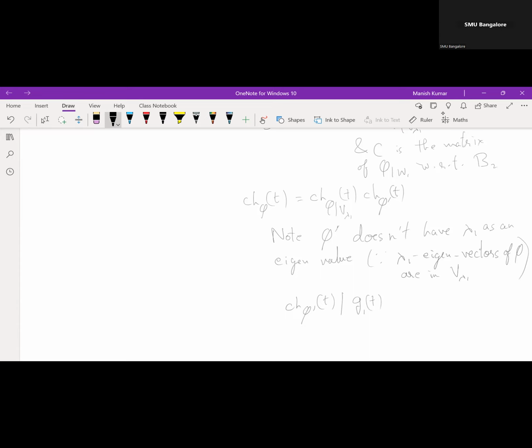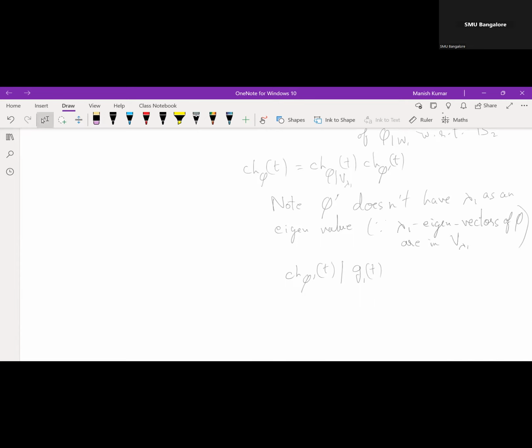It must divide this, but also we know that phi restricted to V lambda 1, (phi minus lambda 1 I) to the power m1, restricted to V lambda 1 is 0, by that homework problem.